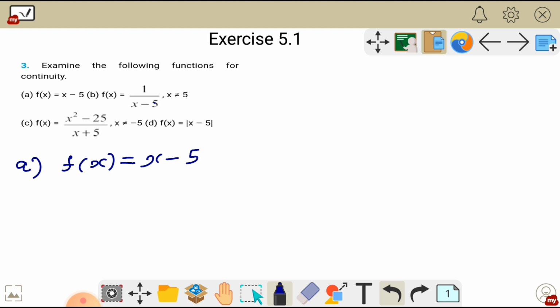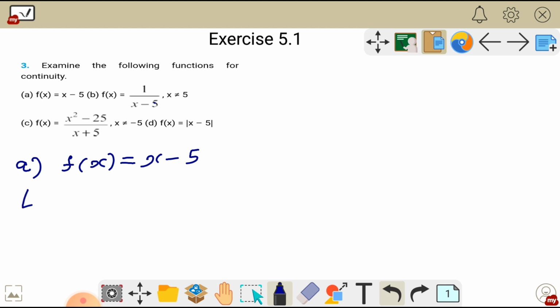Now it is different from the first and second question. In the first and second question we had to check the continuity at a certain point, but in this question we have to check the continuity in its domain, at every point in its domain. So for that we have to take some point in its domain.